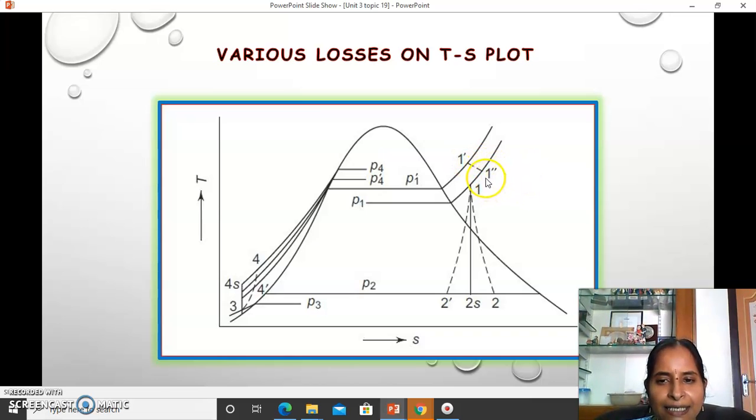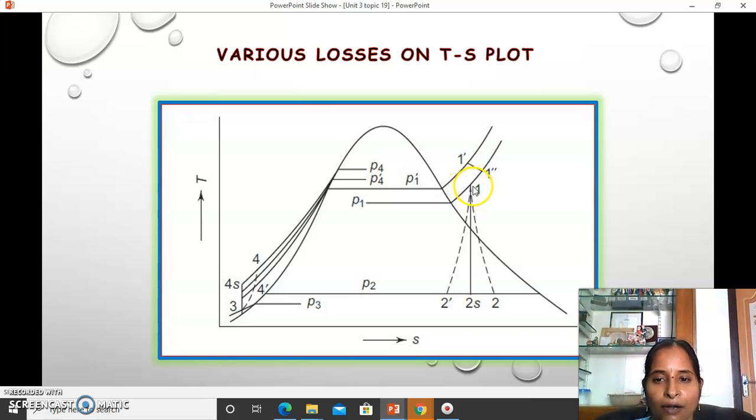In the next stage, at the turbine inlet, the superheating condition should be 1 double dash, but because of the transmission between the boiler and the turbine, again pressure loss takes place, and actually at the inlet of the turbine the pressure is only P1.